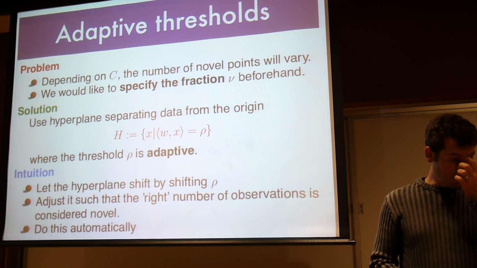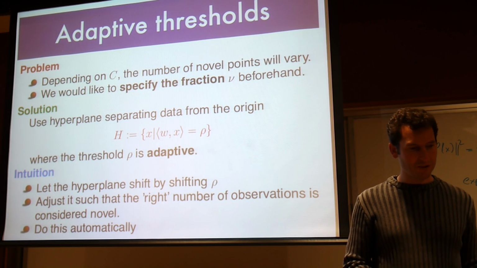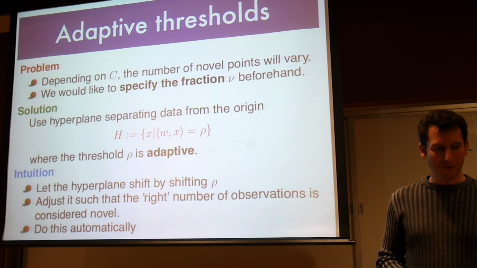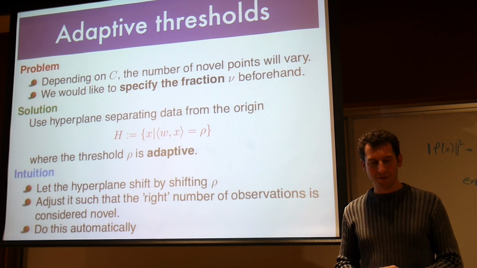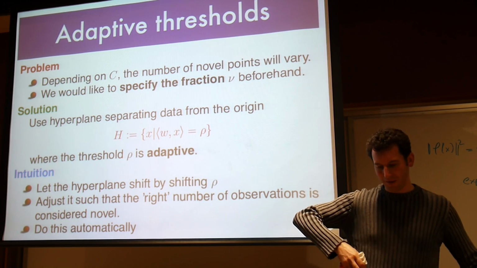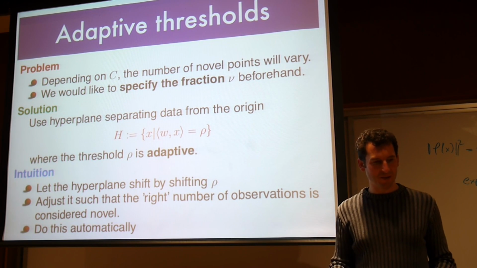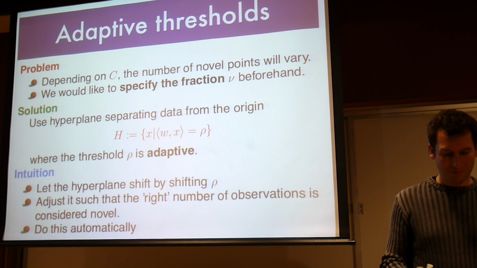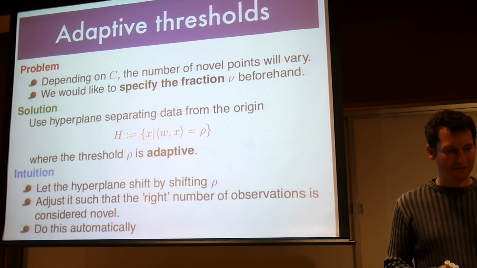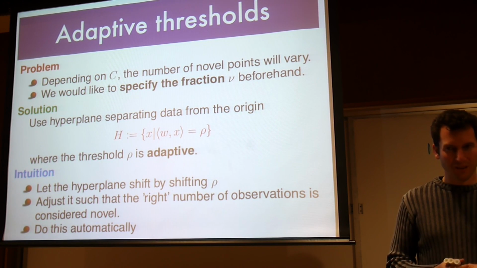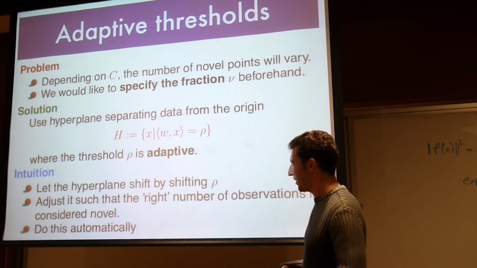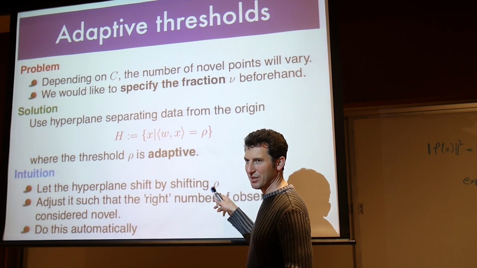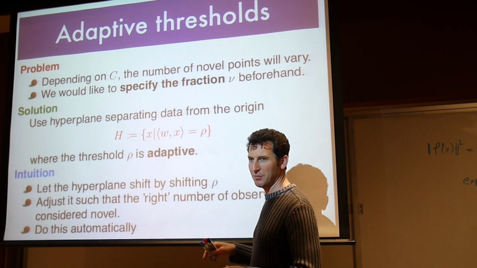I basically pick a hyperplane that separates the data from the origin, and I make that threshold adaptive. As I make it sufficiently variable, I can pick a threshold in such a way that I only pick the instances that make up maybe 10%. And so all I now need to do is figure out the mechanism to automatically adjust rho while I'm also finding w.